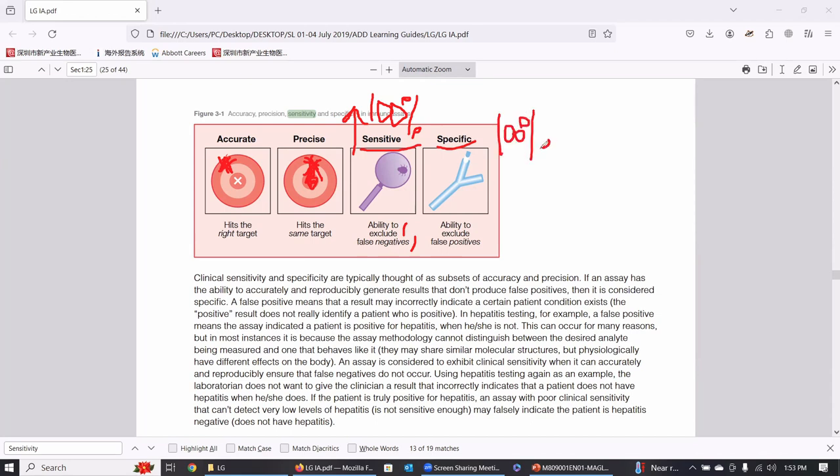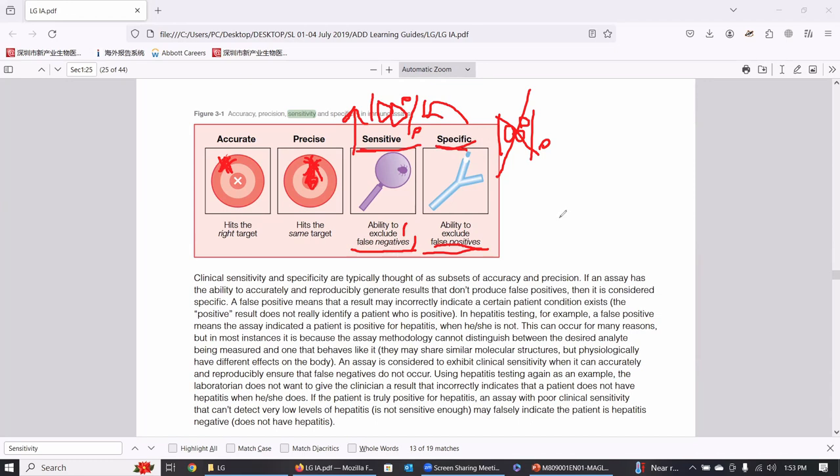And what is specificity? Specificity is the ability to exclude false positives. So this is a double-edged sword. Your instrument could generate in an infectious assay neither false negative nor false positive results. So the sensitivity and specificity should be close to 100.